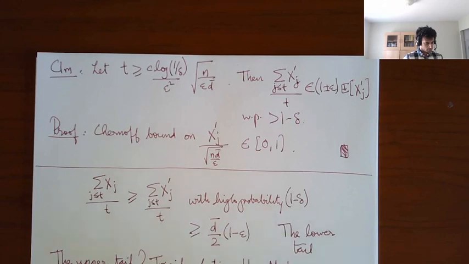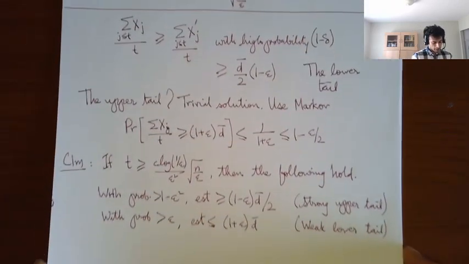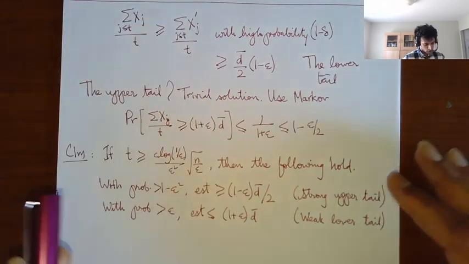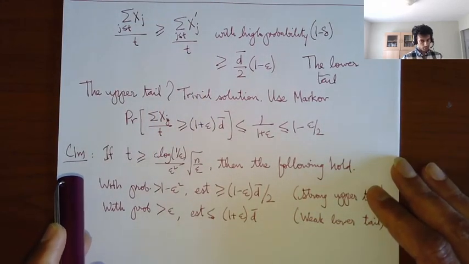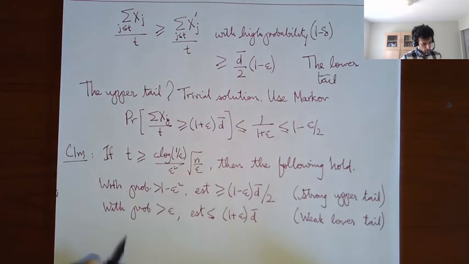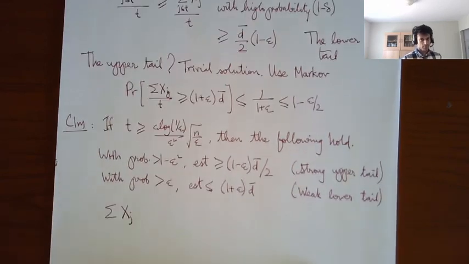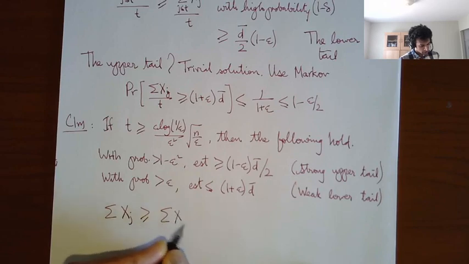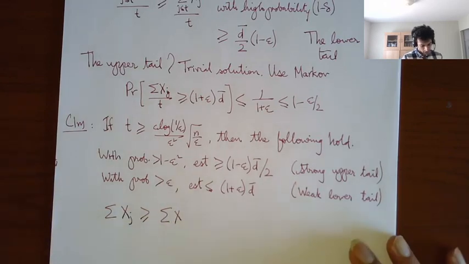I don't really understand. So my point is, what this analysis tells you is, okay, let's go back to this. Remember, we have the sum of xj's, and we said the sum of xj's is at least the sum of xj prime.